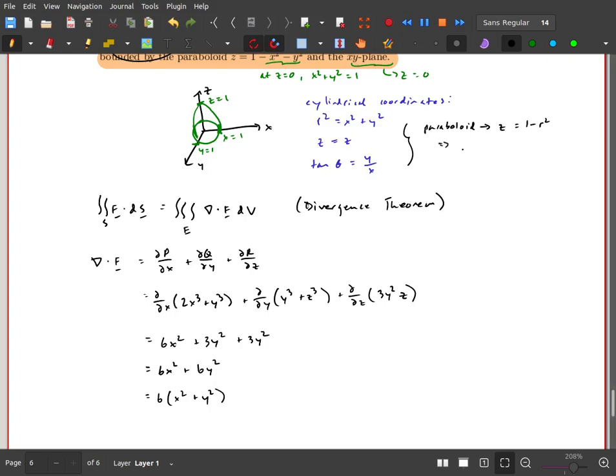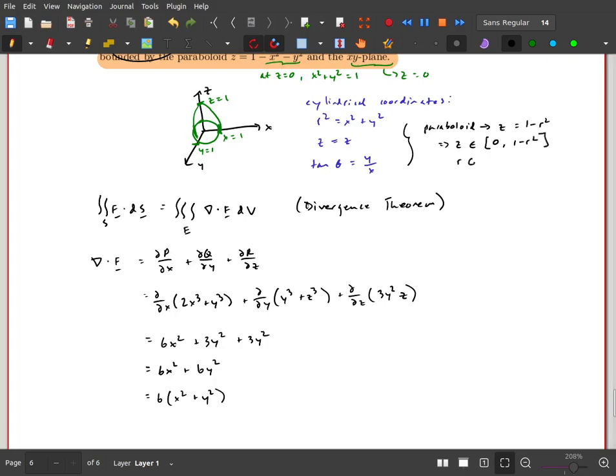So if we were to integrate, r would go from 0 to 1, right? The radius of the base is 0 to 1. And then theta will just integrate to make a full circle, so 0 to 2 pi. Then z is the one that varies depending on the other independent variables.